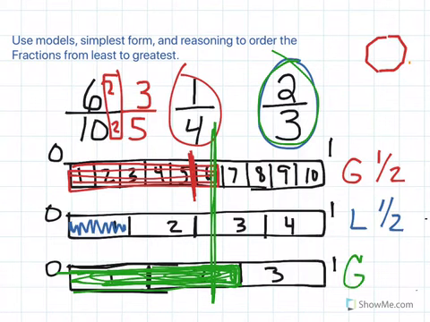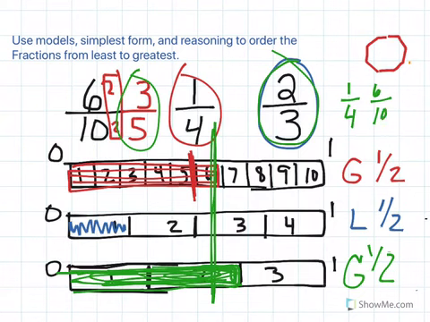So it is greater than 1/2, and it's greater than 3/5. So putting these fractions in order from smallest to greatest, my smallest fraction is 1/4. The next is 6/10. And the greatest fraction here is 2/3.